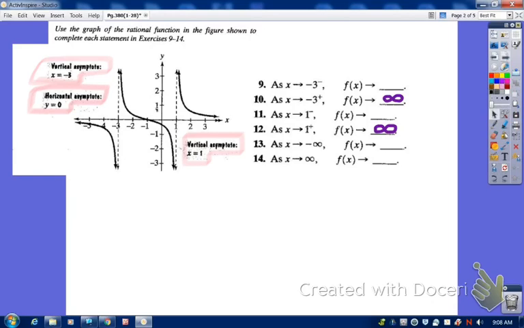So they don't have to put the little symbol here. Okay? So 14, as x approaches positive infinity, that means you're coming this way, and we're on this piece. This is the piece that's approaching positive infinity. What are the y's approaching here?